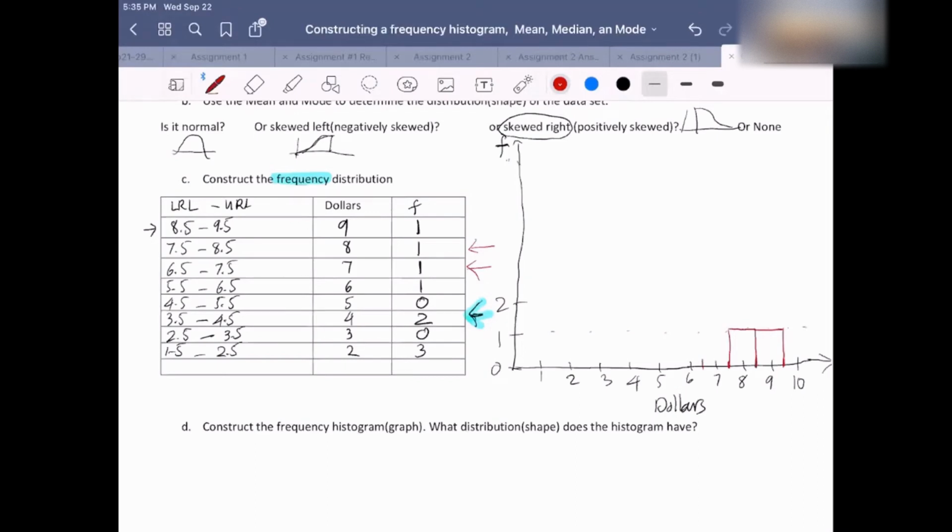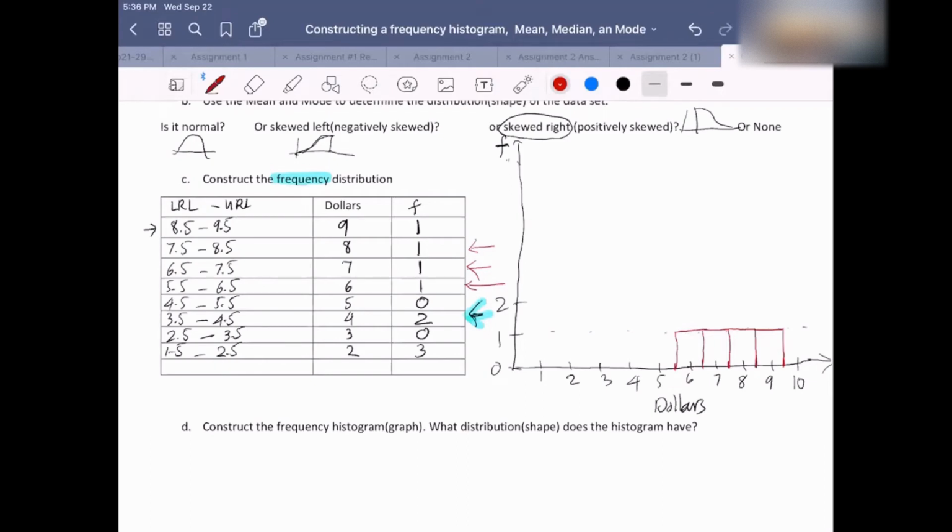So it should share the same side with number 8. The next one, number 6, from 5.5 to 6.5. That means that it shares the same side with number 7.